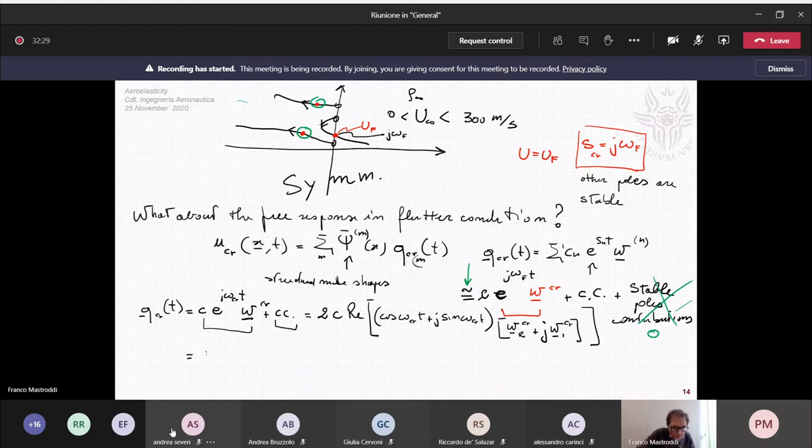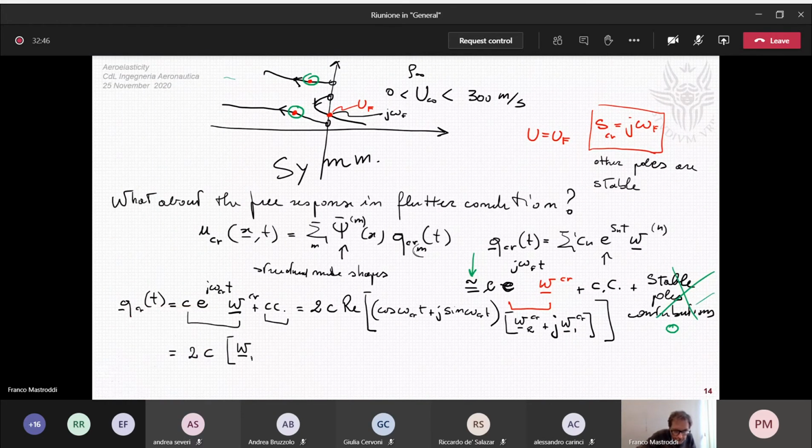And so 2C, and we have the real part of the critical eigenvector multiplied by the cosine of omega critical t, minus the imaginary part of the critical eigenvector multiplied by the sine of omega critical t.